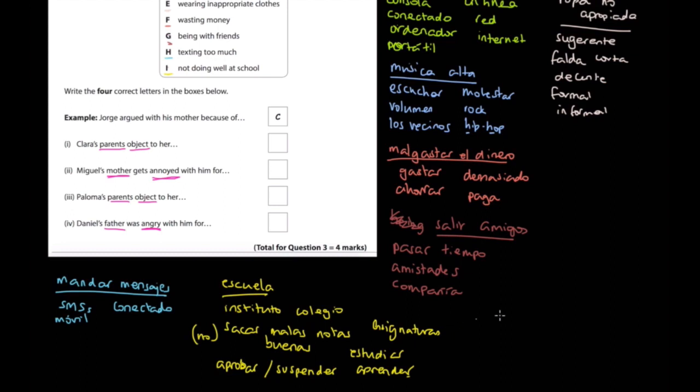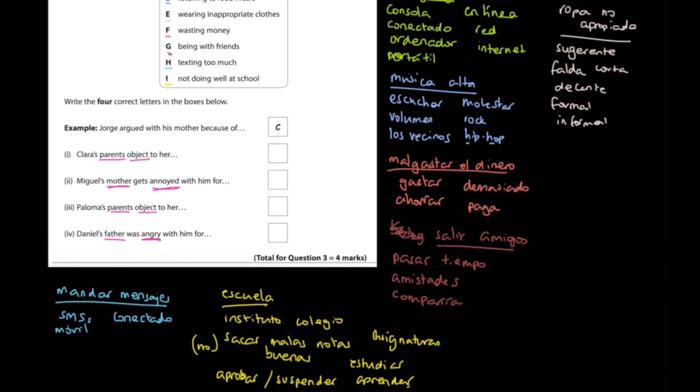Of course, you're not going to be able to make such a comprehensive list with the little bit of time you're given between the question being announced and the question actually playing. But do this as much as possible. And if you don't want to write it down, or you haven't got time to write it down, fine.